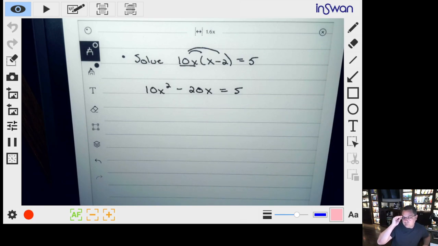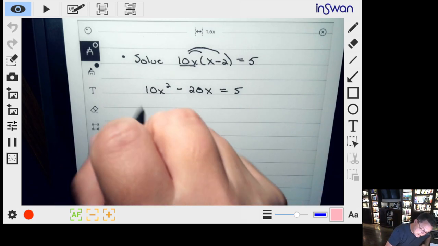Now, I never want to divide everything by a variable. I won't want to divide everything by x, because x could be 0. So I have to be careful when solving equations not to divide by the variable, because I can lose solutions. But dividing by a real number is not a problem. I could divide everything by 5 here and make this a lot easier to look at.